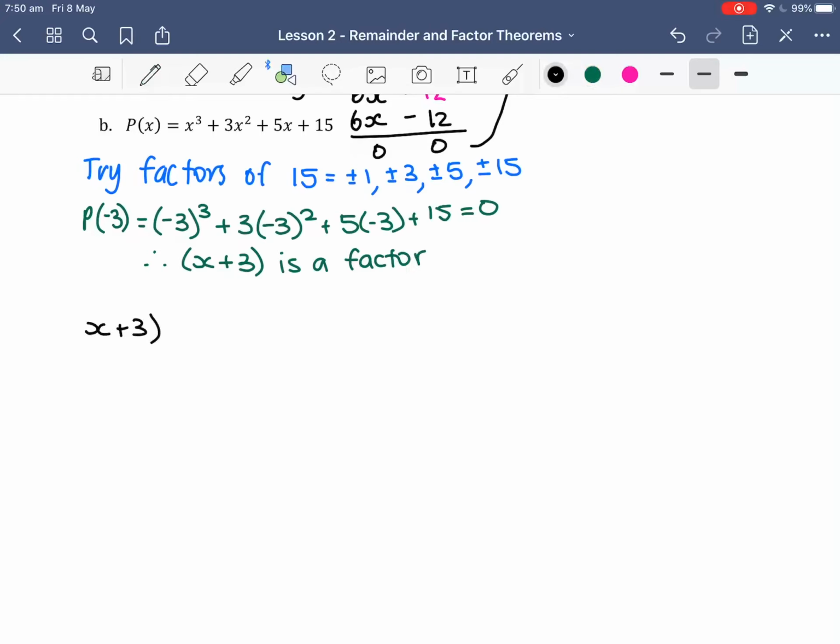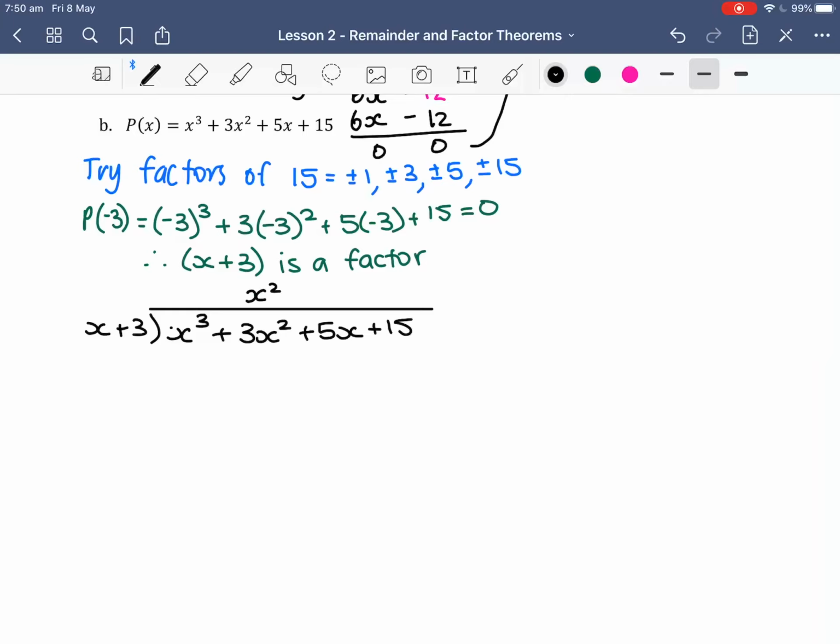So now we can divide by x plus 3. So we have our x cubed plus 3x squared plus 5x plus 15.